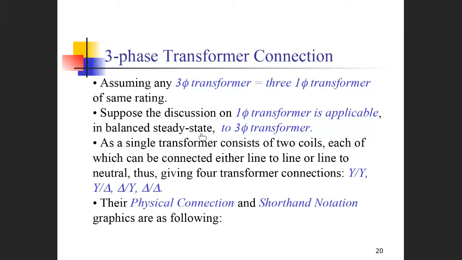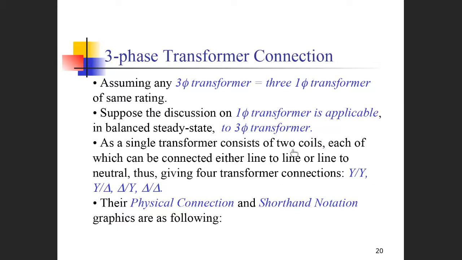So we can analyze the balanced steady state 3-phase transformer as a single-phase transformer. Just looking at one single-phase transformer, and then we think that the other 2 phases just have a phase angle difference to phase 1. The other parameters are the same.